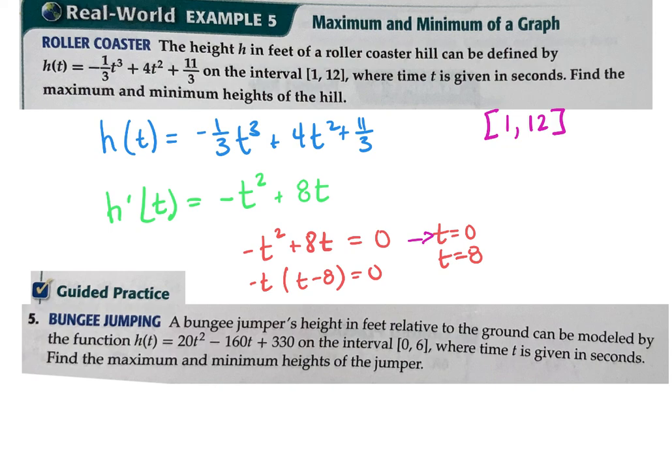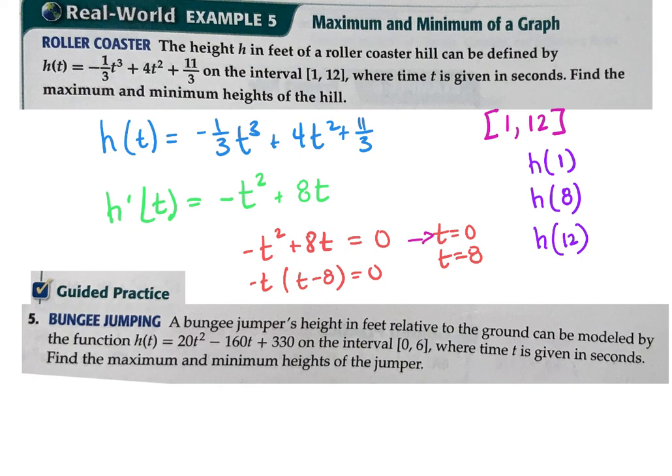Okay? So I can be at my highest point at 1 second. I could potentially be at my highest or lowest point at 8 seconds, because that's a turn in my roller coaster. Or I could be at my highest or lowest point at 12 seconds. I just need to see what those values are.